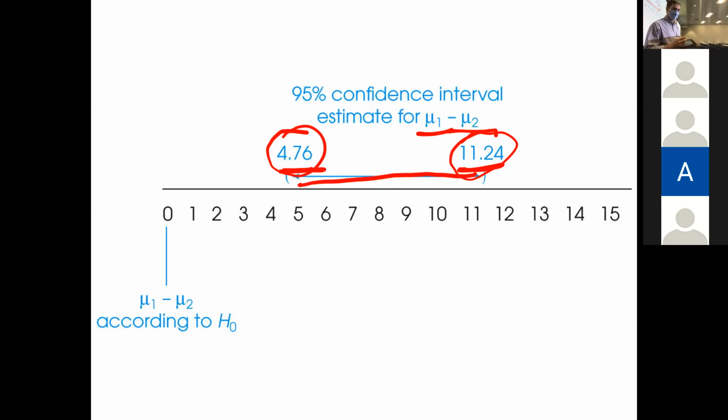If I say the 95% confidence interval is between 4.76 and 11.24, you have to know that with 95% probability the actual mean difference between mu1 and mu2 is going to fall between those two numbers. Okay. Does that make sense? It kind of does.